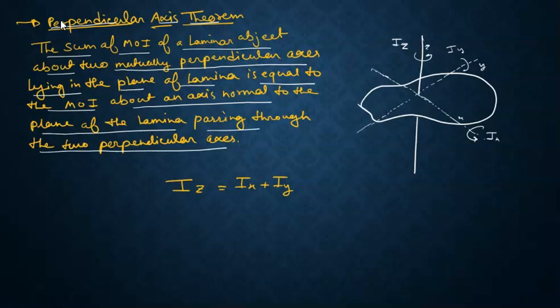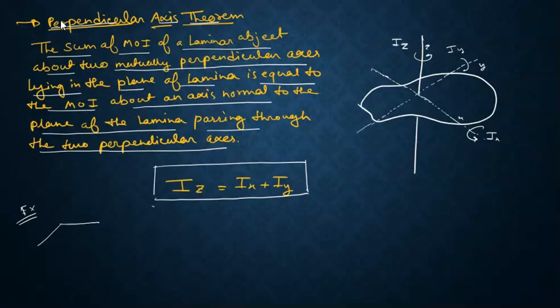So basically, suppose that there are three mutually perpendicular axes, the X axis, Y axis and Z axis. If you want to find the moment of inertia about the Z axis, you simply add the moments about the mutually perpendicular axes, Ix plus Iy, and the sum Ix plus Iy will be the value of Iz. So let's see an example.